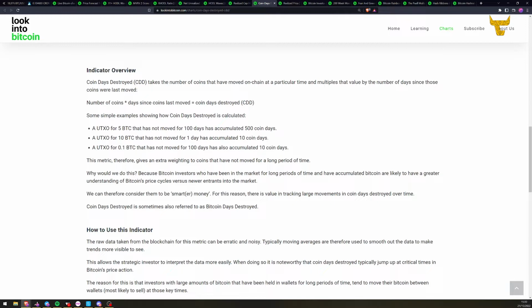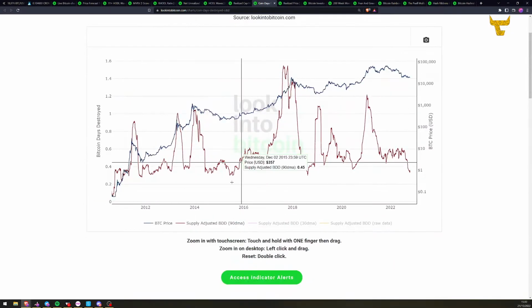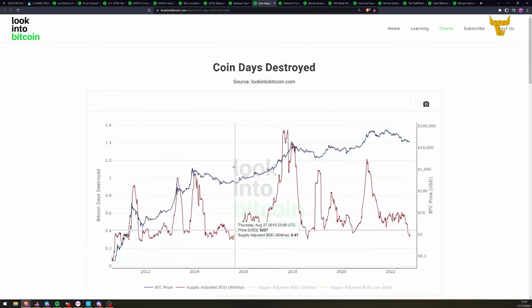We can therefore consider them to be smarter money. For this reason, there is value in tracking large movement in coin days distribution over time. It kind of shows when the historical whales are selling or buying, simply.